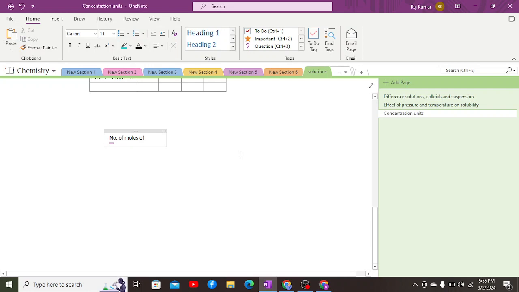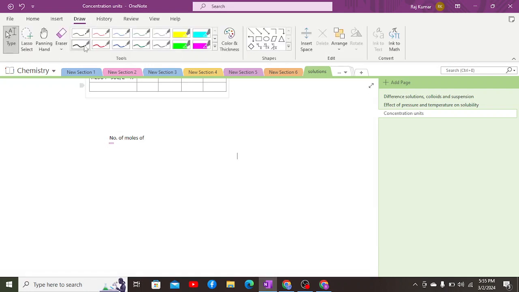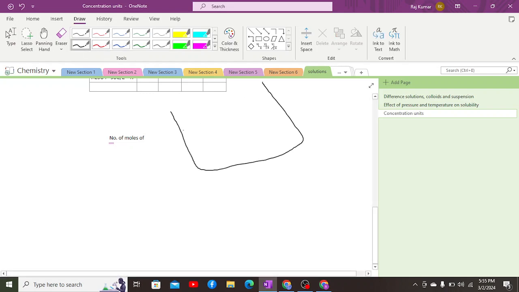If you're taking a mixture with three components, mole fraction can measure two or more than two components present within a solution, right? So mole fraction is a unit in which we can measure more than two components of the solution, right?